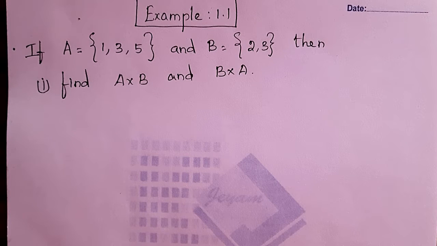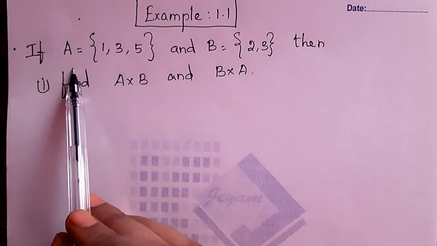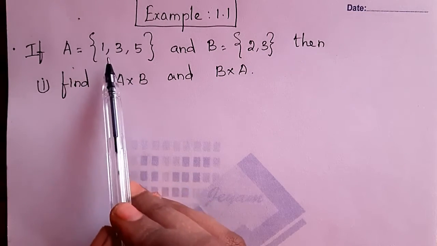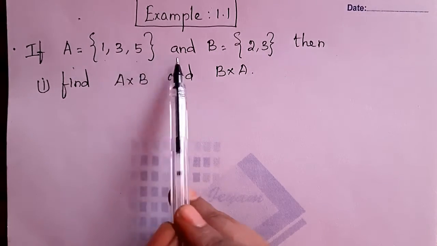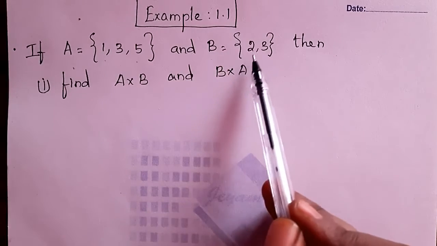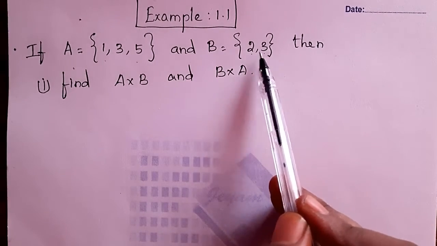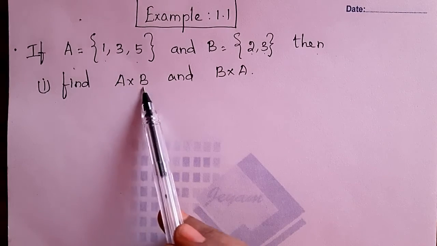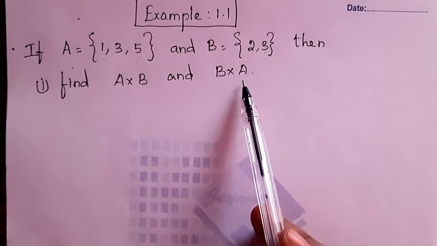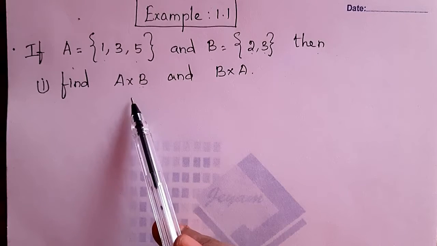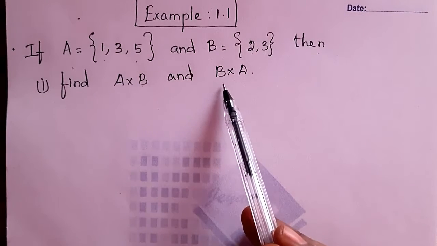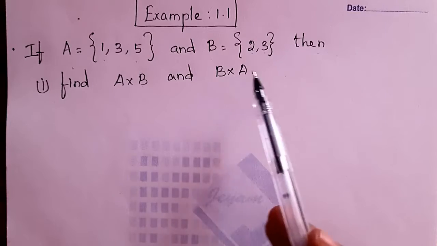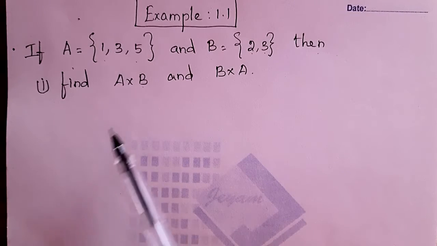Example 1.1. If A equals the set {1, 3, 5} and B equals the set {2, 3}, then first subdivision: find A cross B and B cross A. That means the Cartesian product of A and B, and also the Cartesian product of B and A. You have three subdivisions, we can do them one by one.